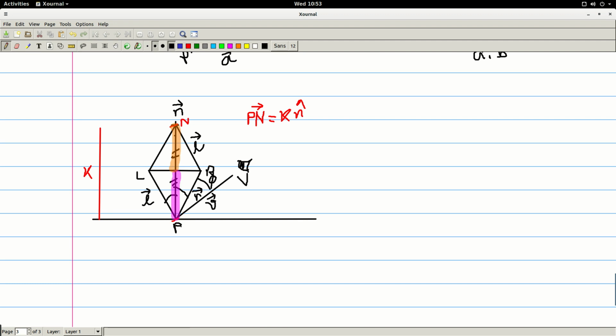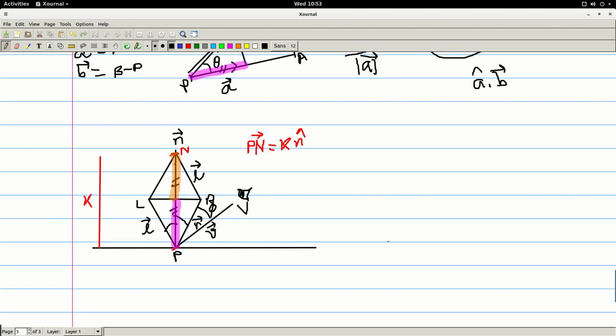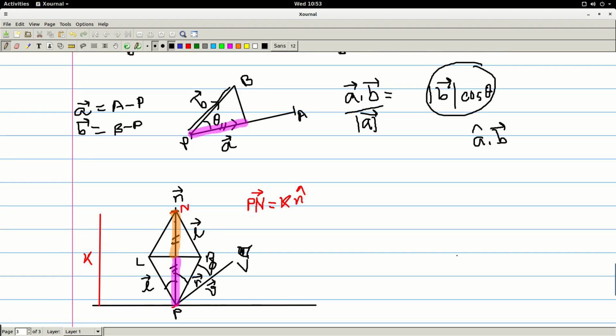With vectors. This should help. I only want to find out the length of this pink part.